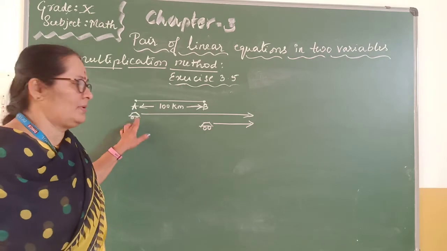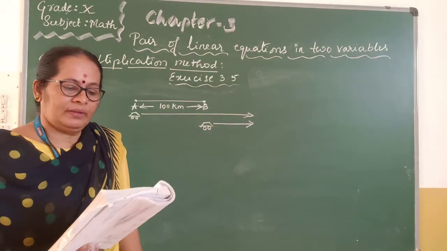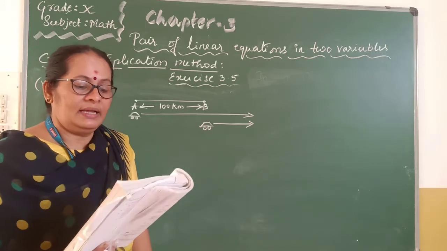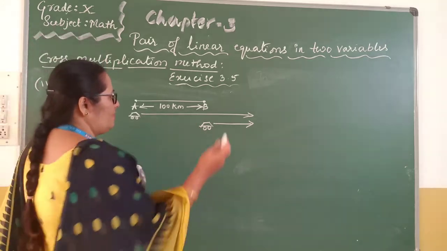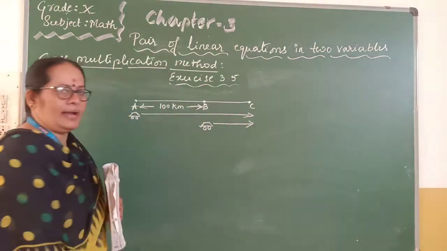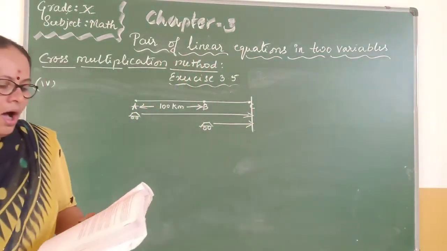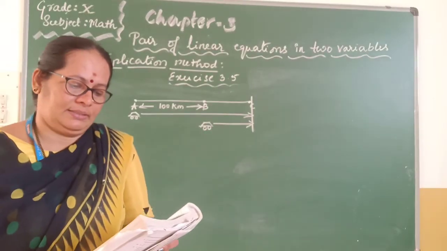Car A has one speed and this car has another speed. They meet in 5 hours at a certain point C. So both the cars meet after 5 hours.